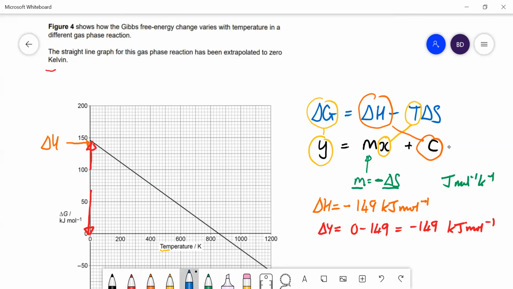Now let's do the change in x in blue there. So delta x is equal to, let me move that so I can read it better, 820, isn't it? Yep, 830.